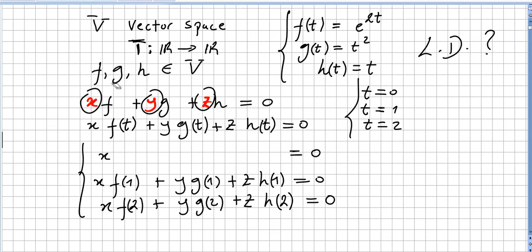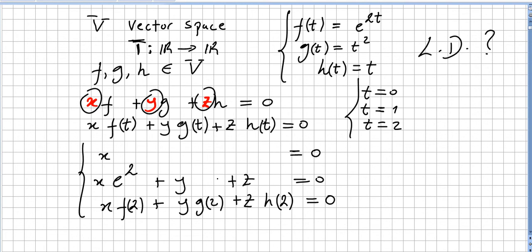So f of 1 will be e to the power of 2, g of 1 will be, well, that's 1 squared, right? So that will be 1 here, and z of 1, so h of 1, that will be 1 too.